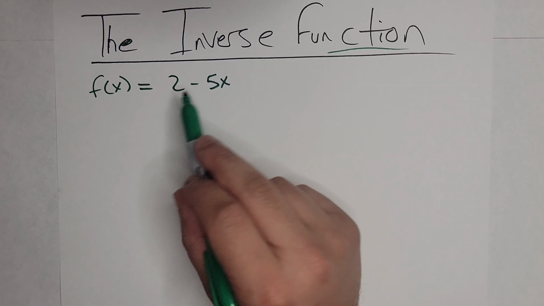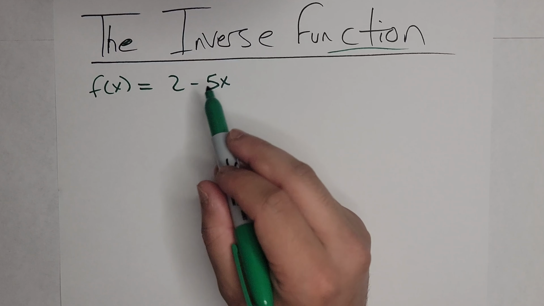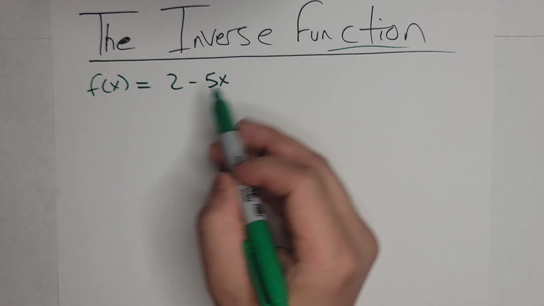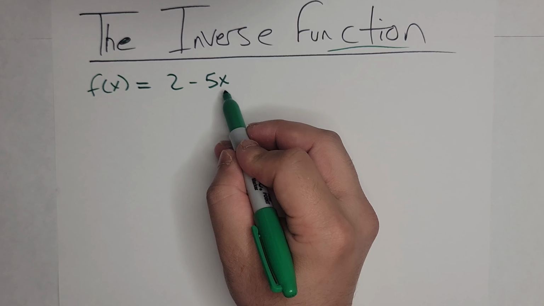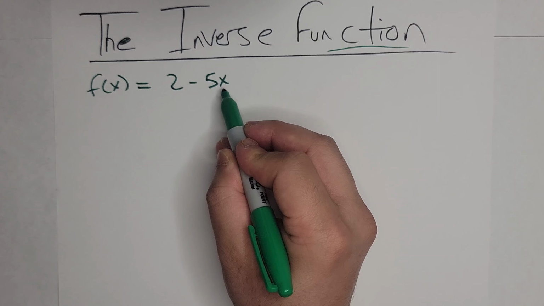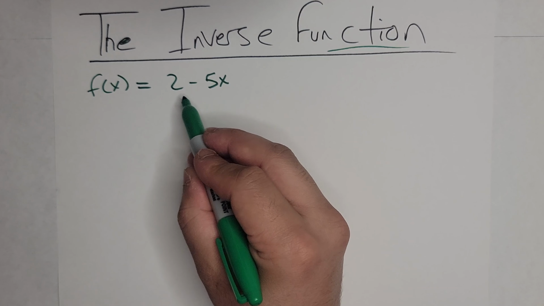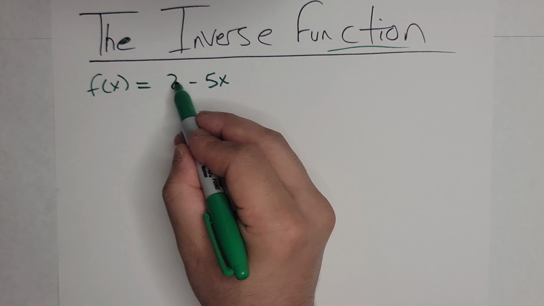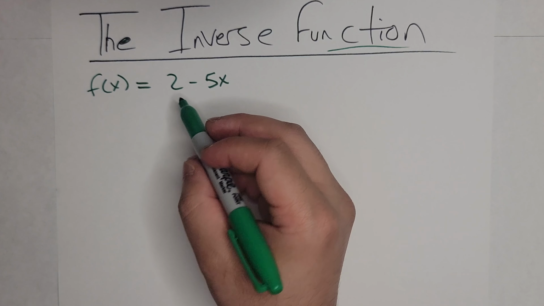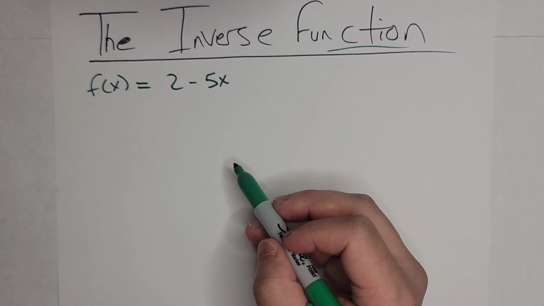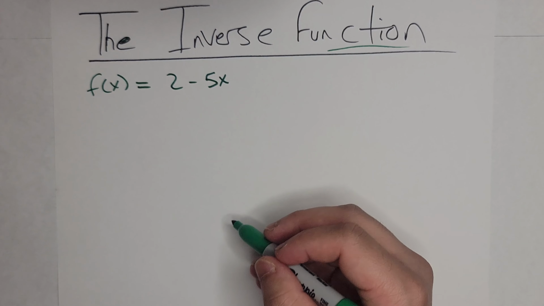What this f of x value depends on is what happens to x. So x is being multiplied by negative 5, and then it's being added to 2. So it's actually positive 2 minus 5 times x. That gives us our f of x value.